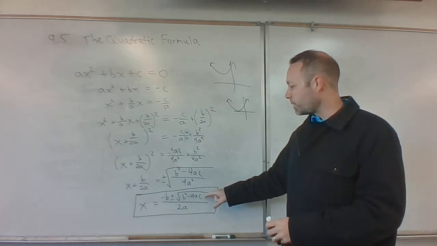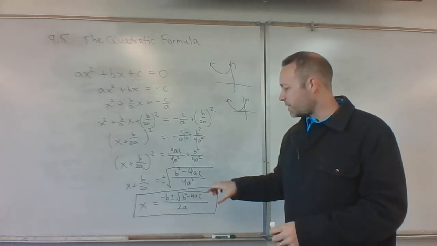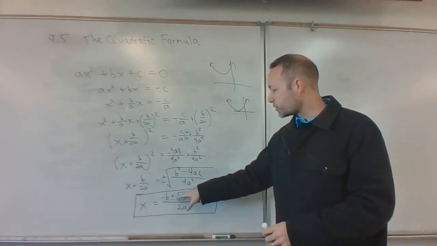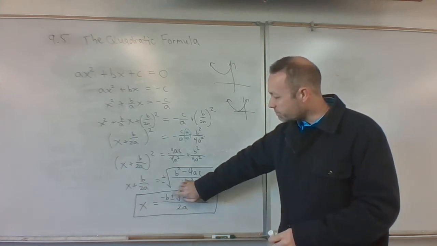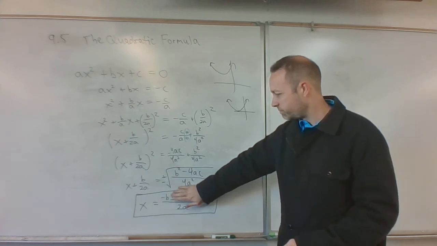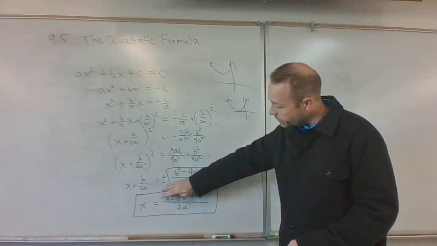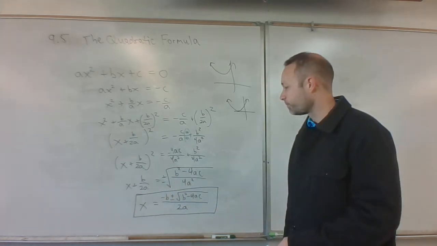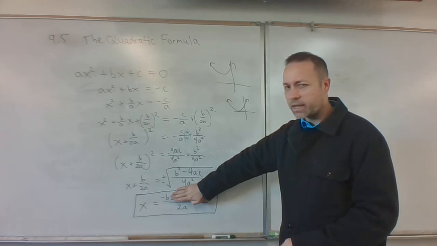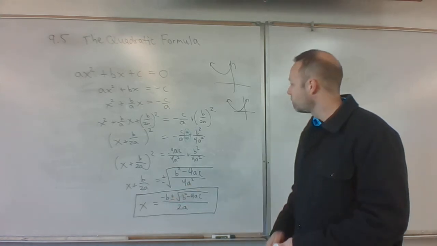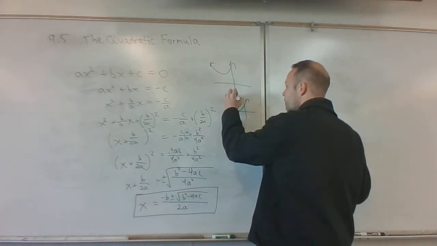If the discriminant, b squared minus 4ac, is 0, when you take the square root of 0, that whole thing becomes nothing. And so you have plus or minus 0, which doesn't make any difference. And so you're just left with negative b over 2a. And you might have seen that negative b over 2a before. Negative b over 2a was the equation that we had for finding where the axis of symmetry is.